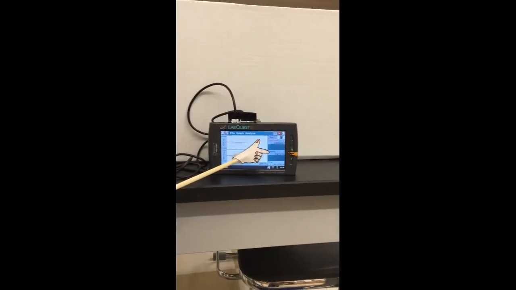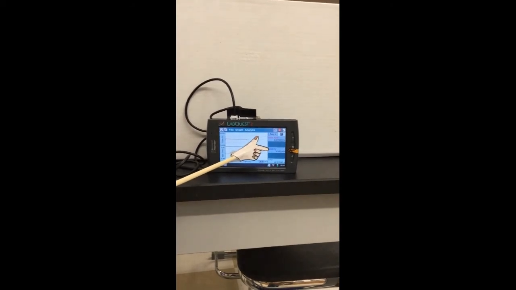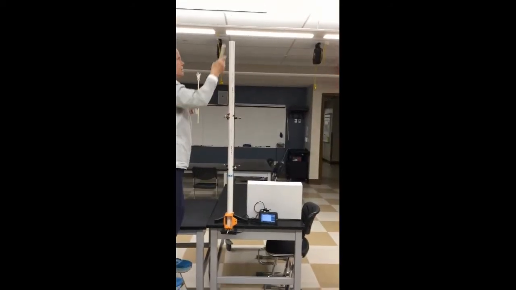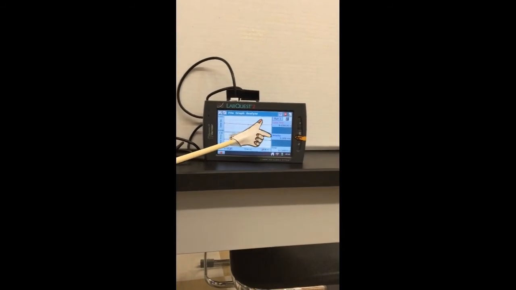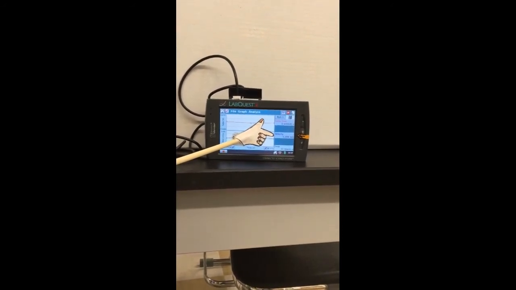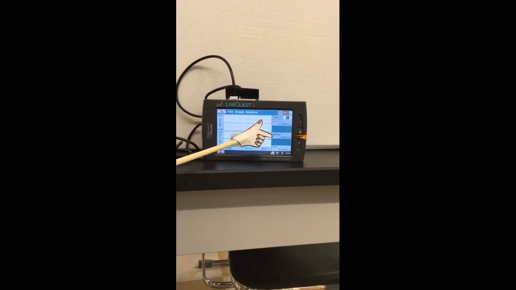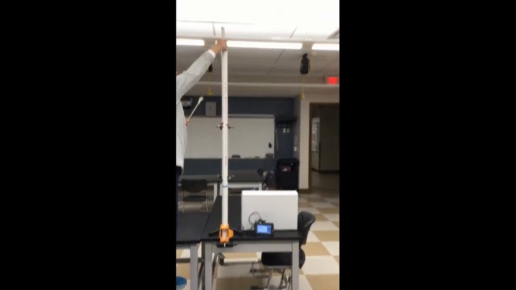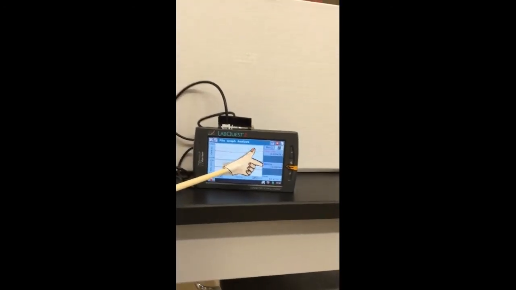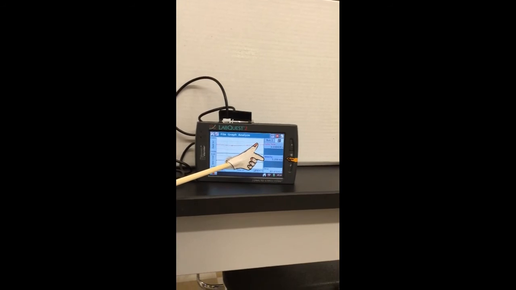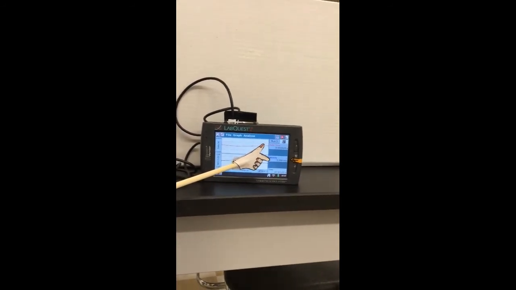The velocity is 5.345. Run number 3. The velocity is 5.308. Run number 4, our last run. The velocity is 5.259.